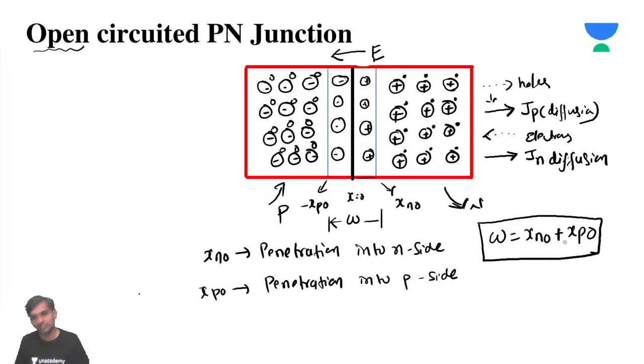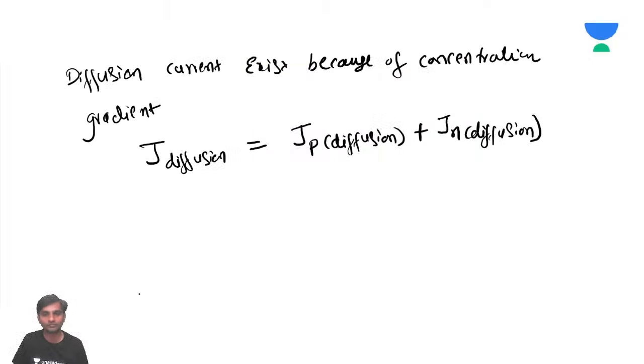We will have a detailed discussion on W, that is xn naught plus xp naught. This plays a major role in calculating VT. So J diffusion is equal to JP diffusion plus JN diffusion.